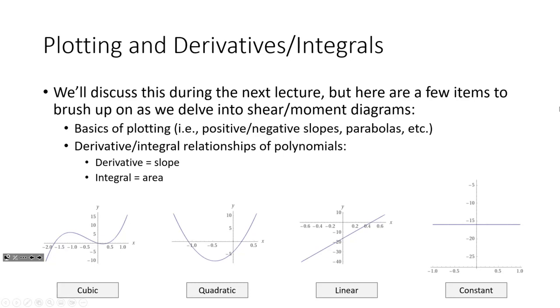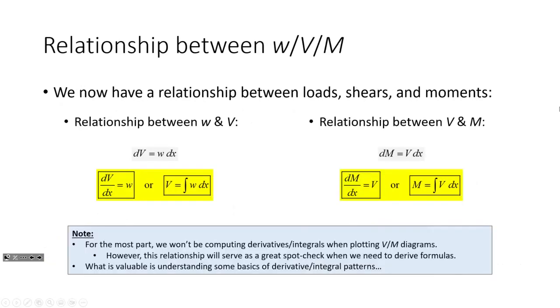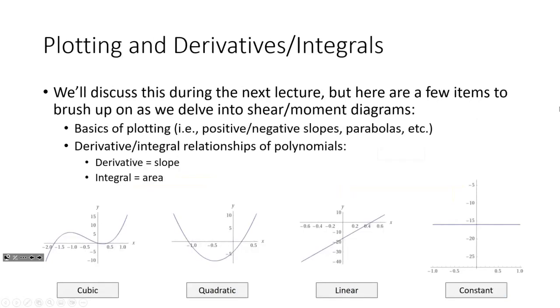So really what that means, and we're going to talk about this in more detail over the next few lectures, but if you want to plot the shear diagram, you are integrating the loads. And if you want to plot the moment diagram, you are integrating the shear diagram. That's what you're doing, right? I mean, that's what our relationship tells us, right? Our relationship says that the shears equal the integral of the loads because we just rearrange this. The moments equal the integrals of the shears because we just rearrange this.